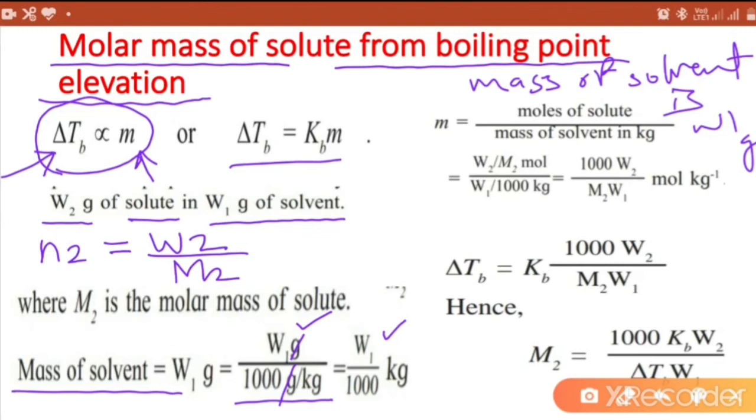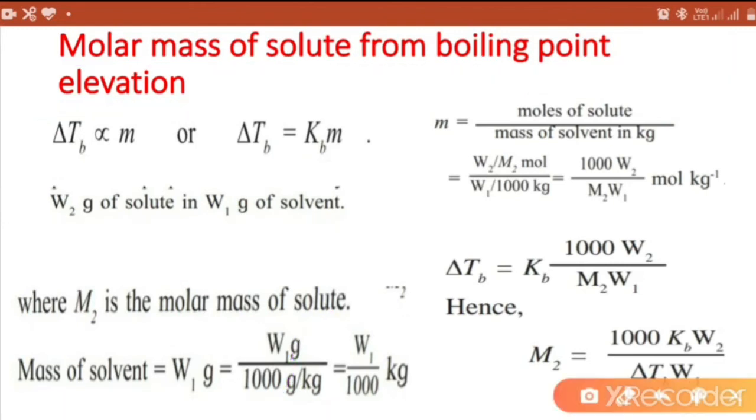And the molality, small m, is the ratio of moles of solute divided by mass of solvent in kg.